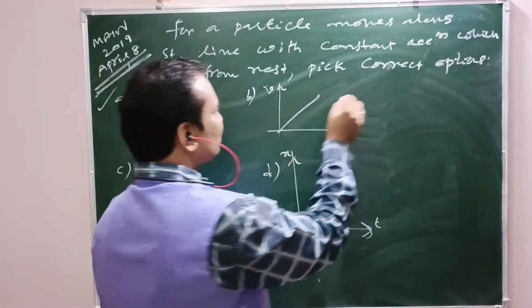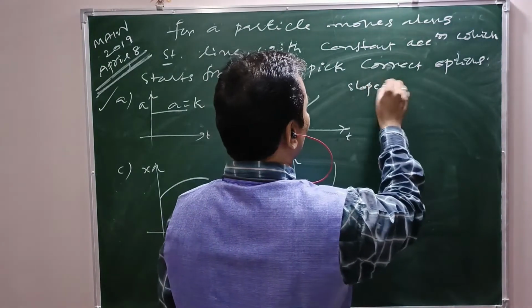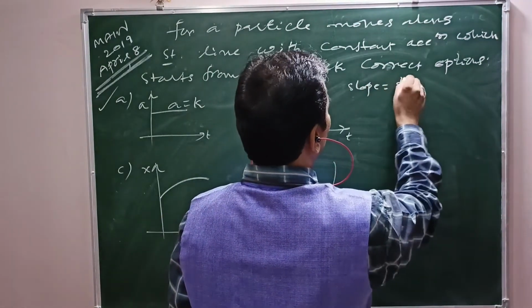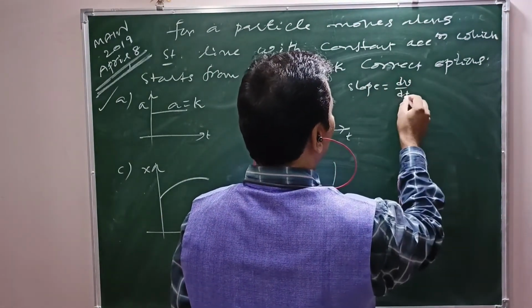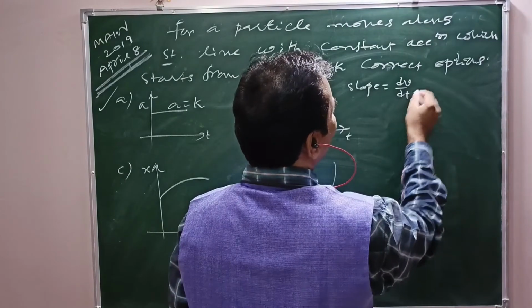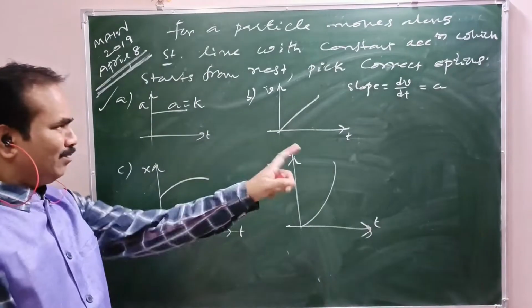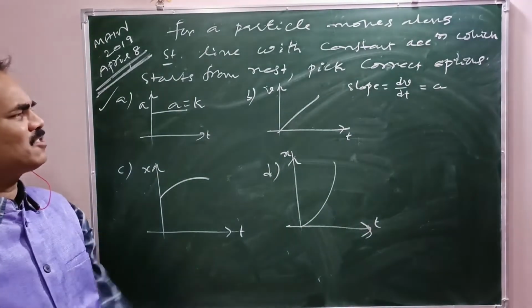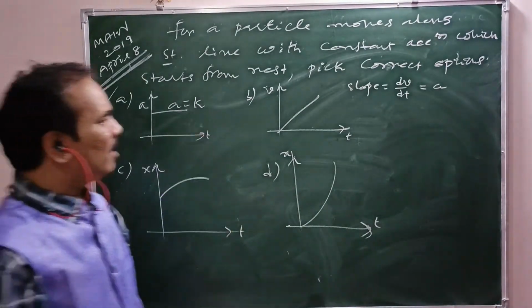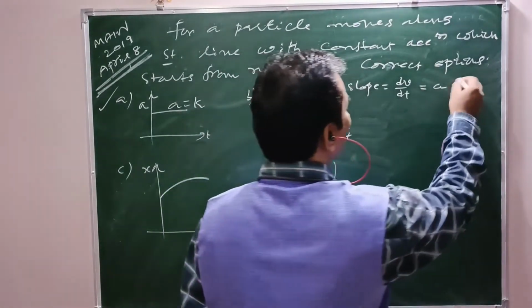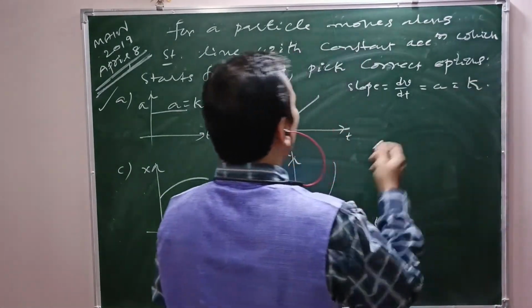Here slope equal to dV by dt, that is acceleration. Acceleration is constant in the sense dV by dt is constant, and the slope is constant.